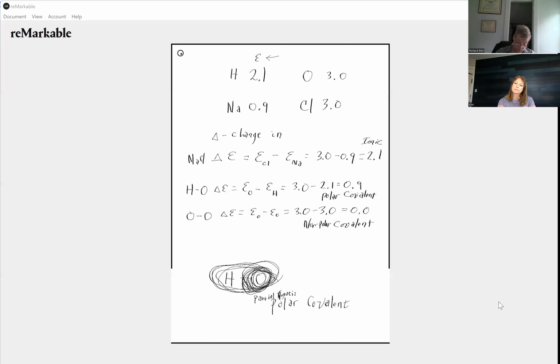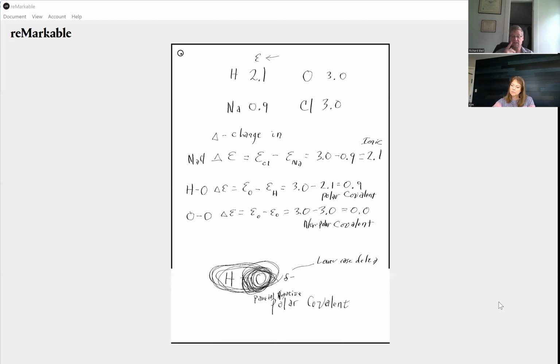The oxygen will be partially negative, which we denote like this. That little symbol there is lowercase delta. A lot of people are not aware the Greek alphabet has upper and lower cases. We're so used to seeing the triangle and we say, oh, that's delta. That's technically uppercase delta.